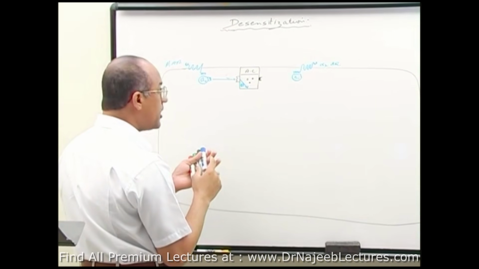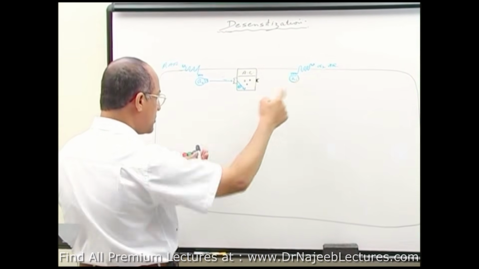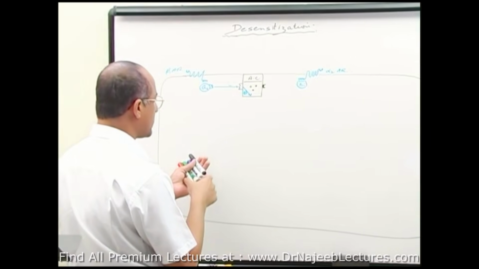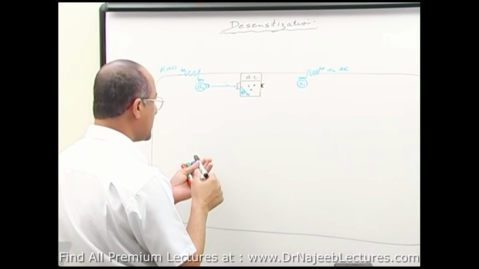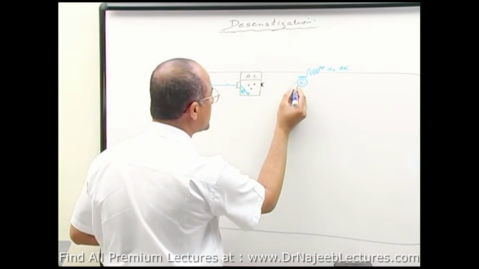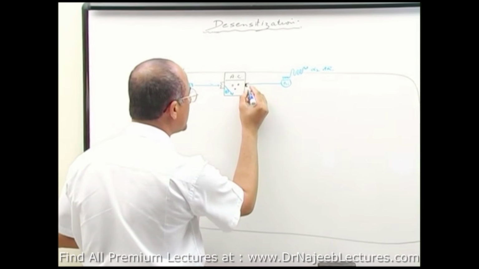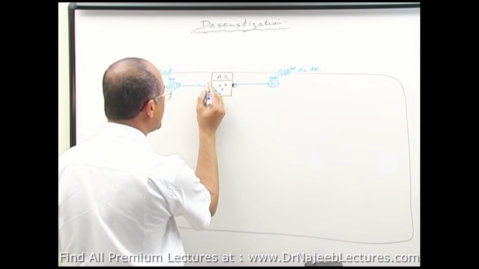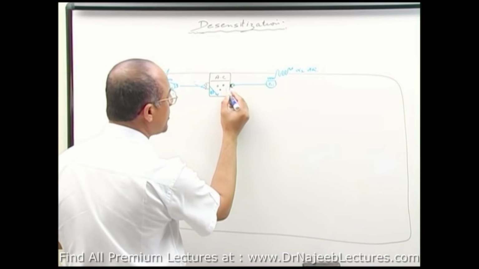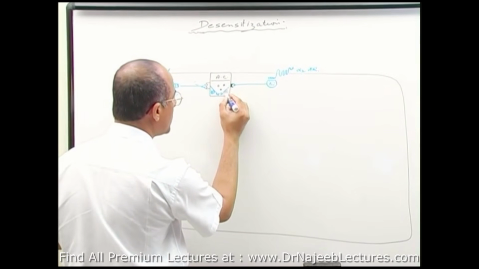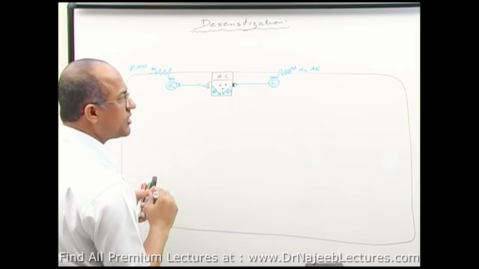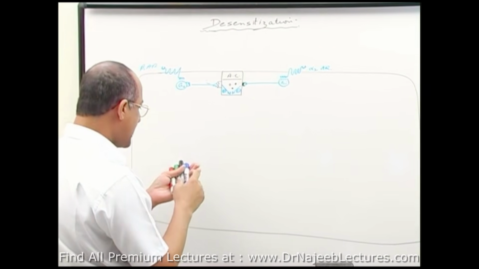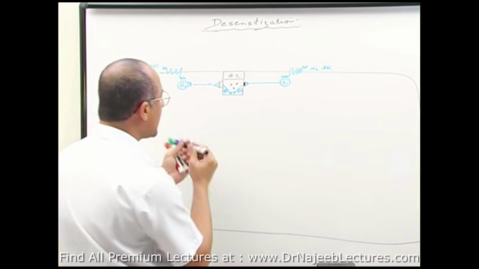But if G inhibitory is activated through alpha 2 adrenergic receptors, then G inhibitory will engage here and lead to inhibition of adenylyl cyclase activity. And what is the activity of adenylyl cyclase?